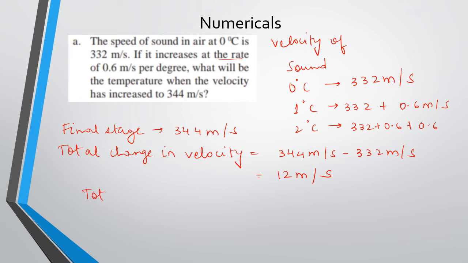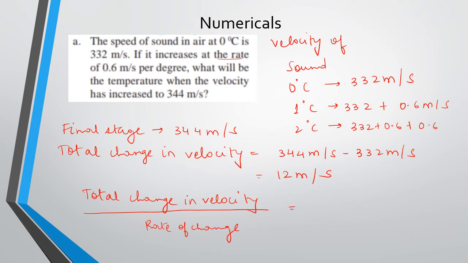It would be the total change in velocity upon the rate of change. The total change in velocity we just found is 12 meters per second, and the rate of change is 0.6 meter per second for every degree. So the units cancel, and it is 12 upon 0.6.